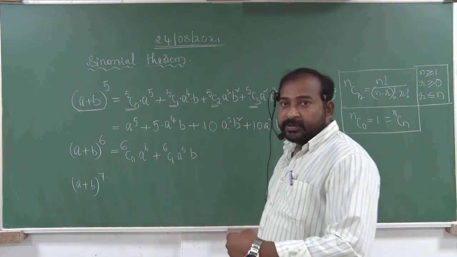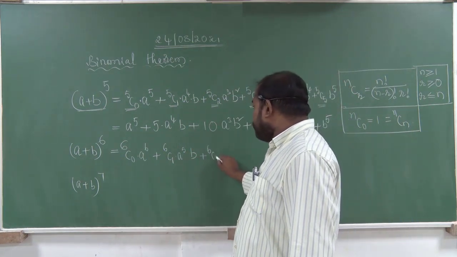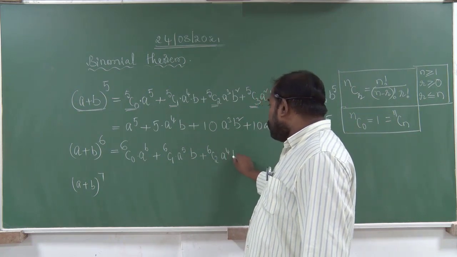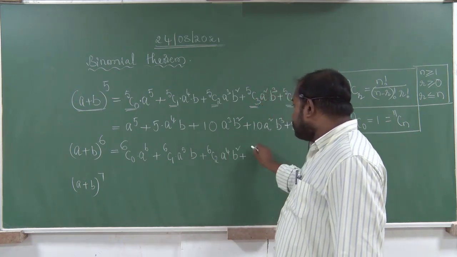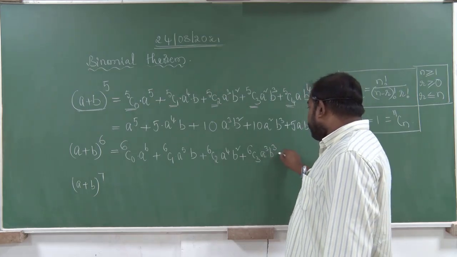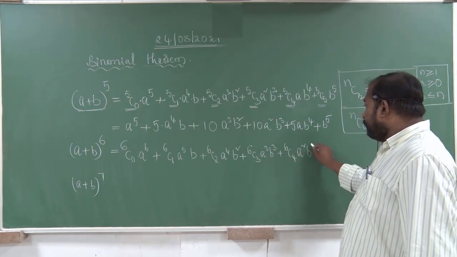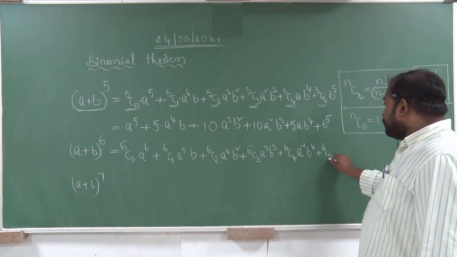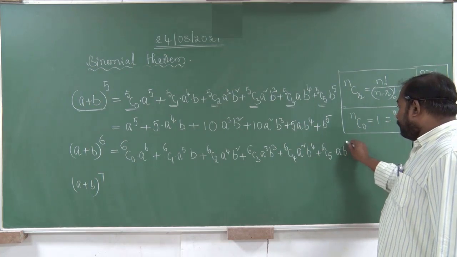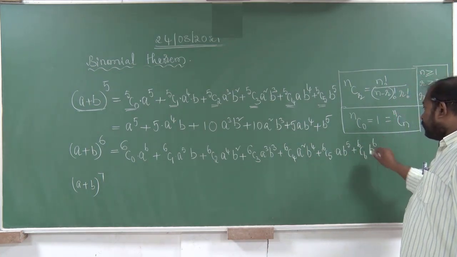Gradually the power of a is reduced by 1, and the power of b gradually increases. Next is 6C2 a power 4 b square, plus 6C3 a cube b cube, plus 6C4 a square b power 4, plus 6C5 a b power 5, plus 6C6 b power 6.